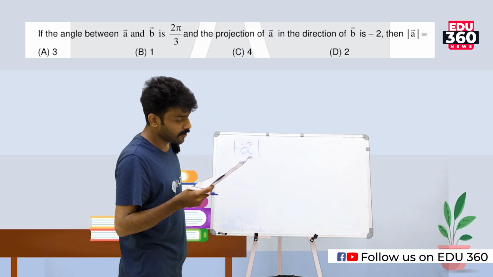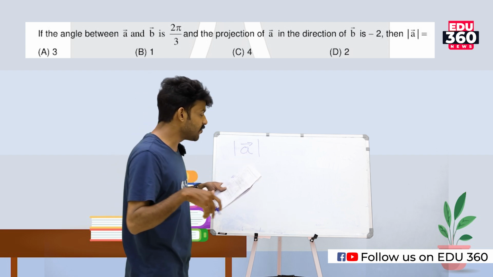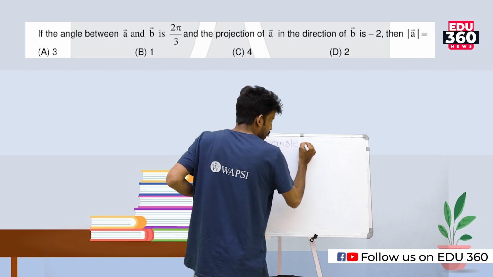So it's given that the angle between A vector and B vector is 2 pi by 3.